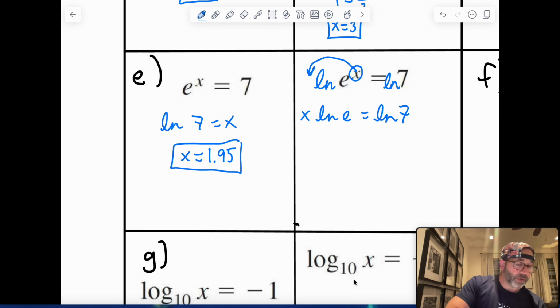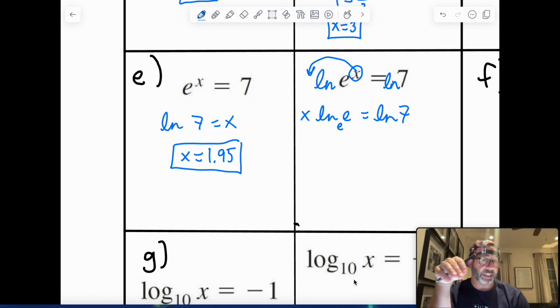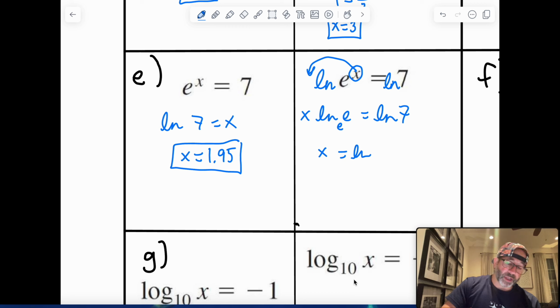And if you recall, one of our properties that we discussed before is that the natural log of e is just equal to 1. That's really because of change of base here, because the base of natural log is e, and we're taking the log of e. If I did the change of base, we'd have natural log e divided by natural log e. That's just 1. So we end up with x is equal to natural log of 7. And again, that still is going to be 1.95.